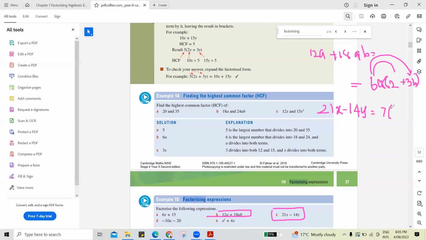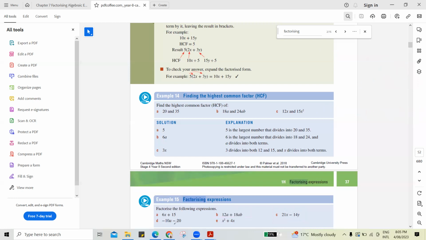And then you get 3x, because you need the x also, right? 3x. And minus 2y. Good, right? Yeah. That's good. Can you try the next one? And the other two also.